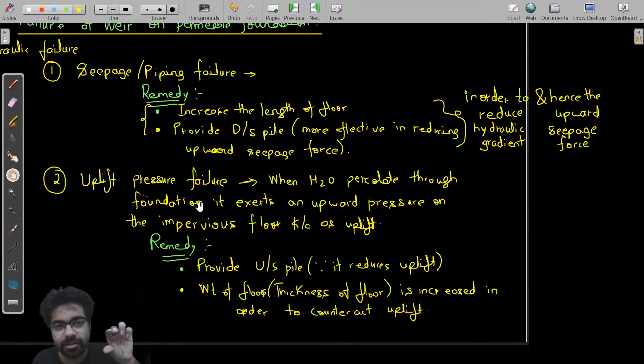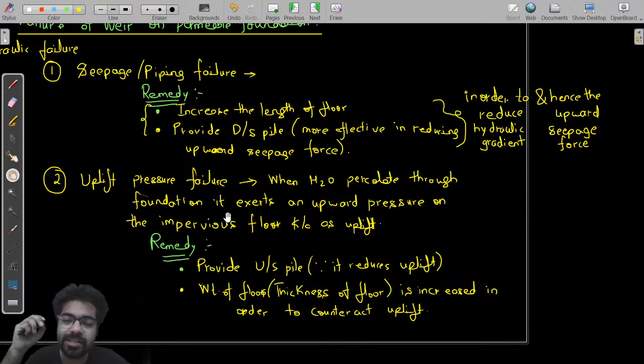You all know when water seeps through the soil, it exerts an upward pressure equal to the hydraulic head which it possessed till now. And as water seeps, the hydraulic head goes on reducing because of friction, and obviously your uplift force will also start reducing.